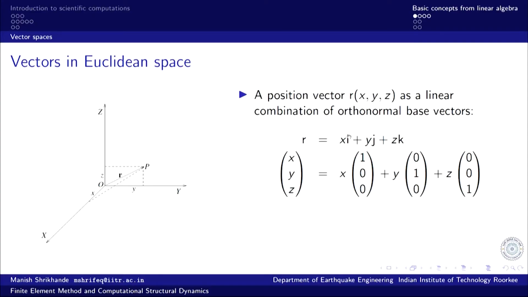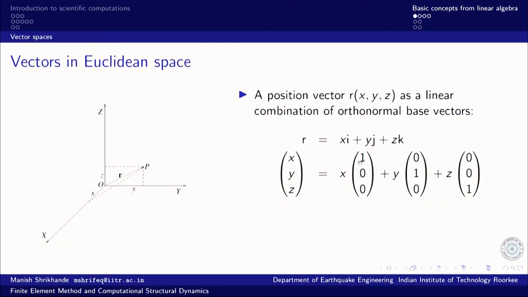I mean, when I say linear combination, it is single power. So, some proportion of i plus some proportion of j plus some proportion of k, i, j, k being the unit vectors that we so very well know. So, that represents the position vector r.